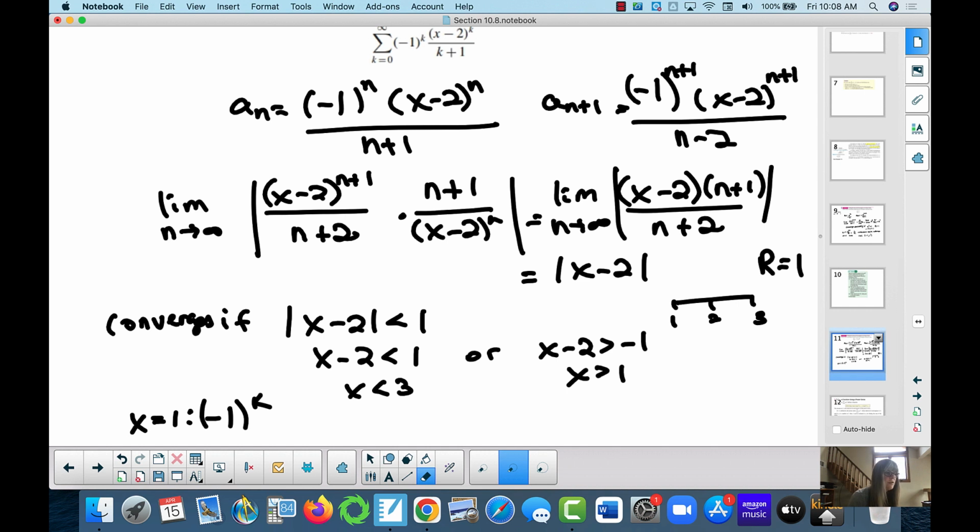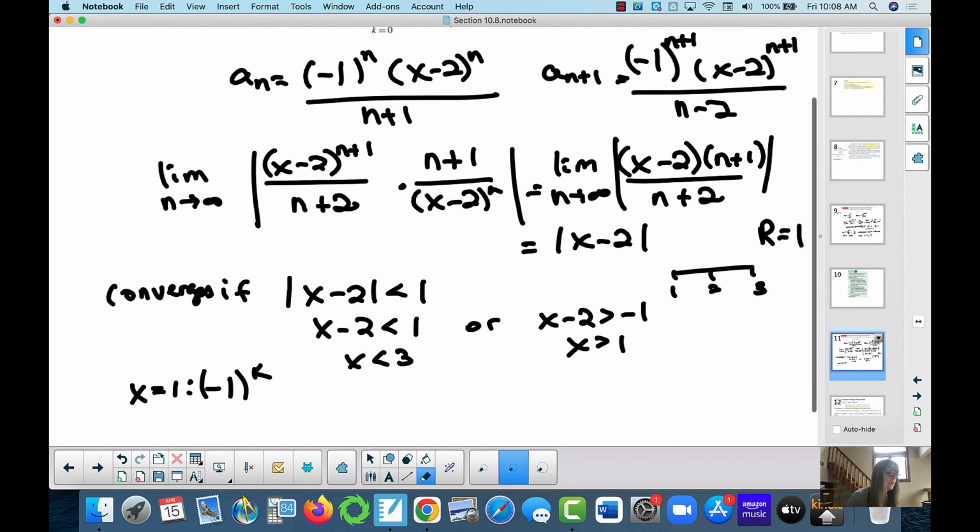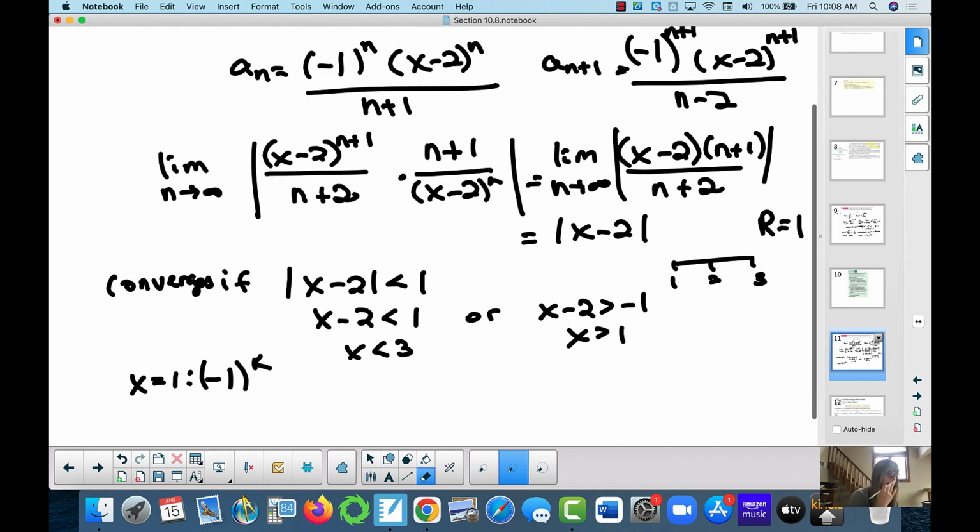So 1 minus 2 is -1, and then over k plus 1.